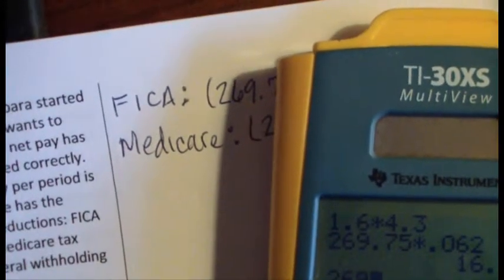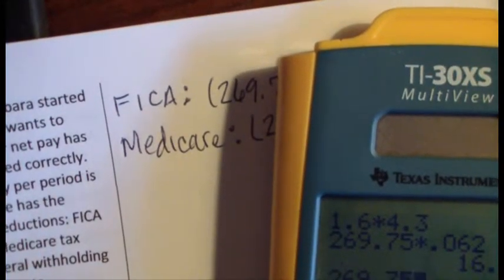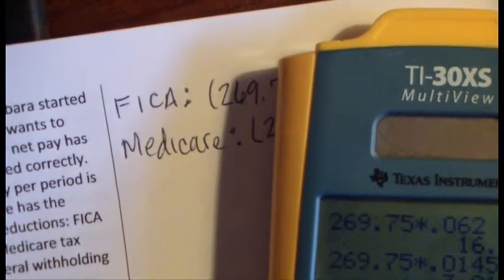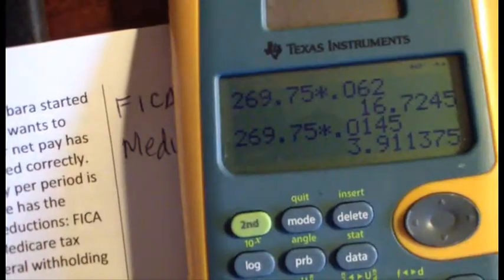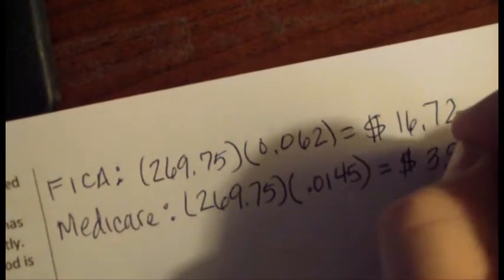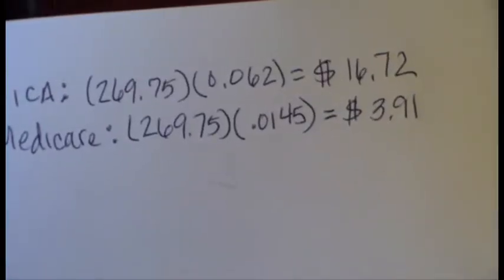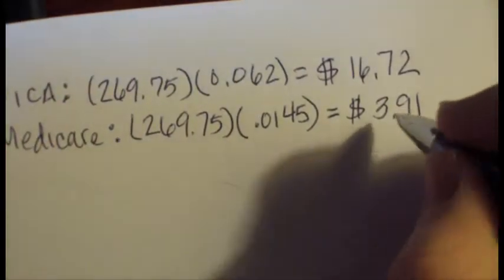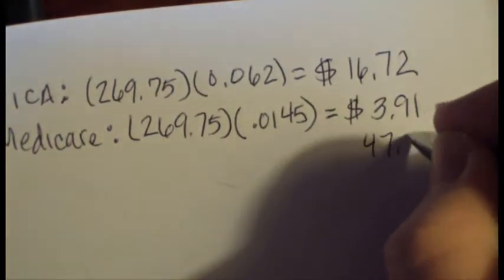So 269.75 times 0.0145 is $3.91. So $3.91 is taken out for Medicare.